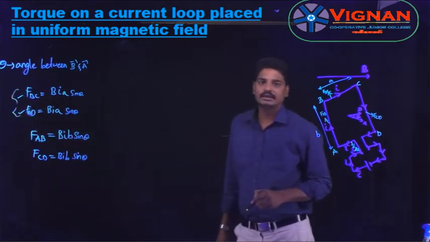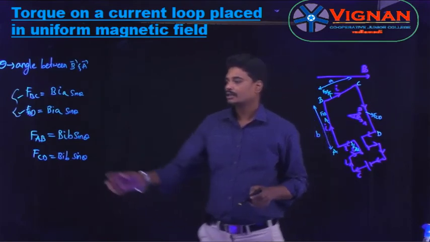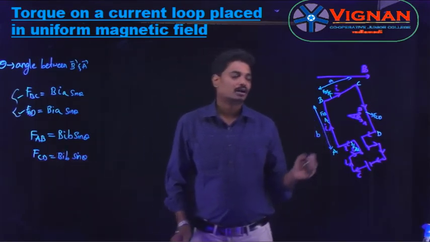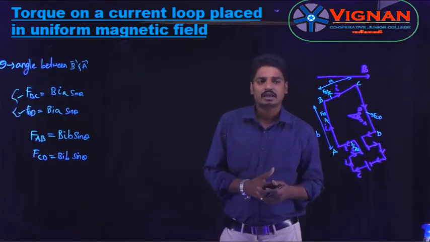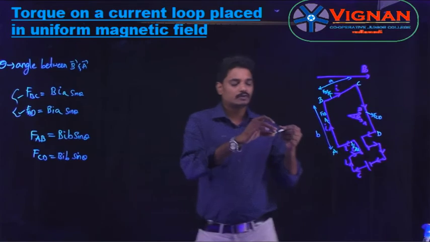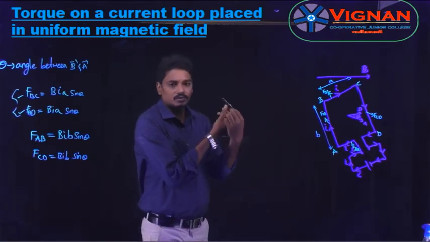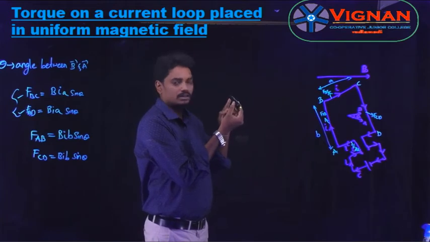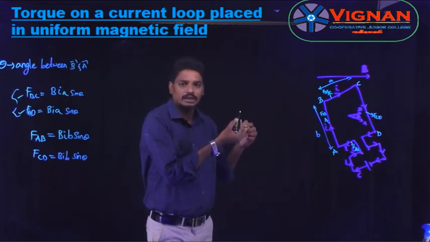FBC and FAD are collinear forces and cancel each other, but FAB and FCD do not have the same line of action. As one force pulls it downwards and another pushes it upwards, they make the body rotate.